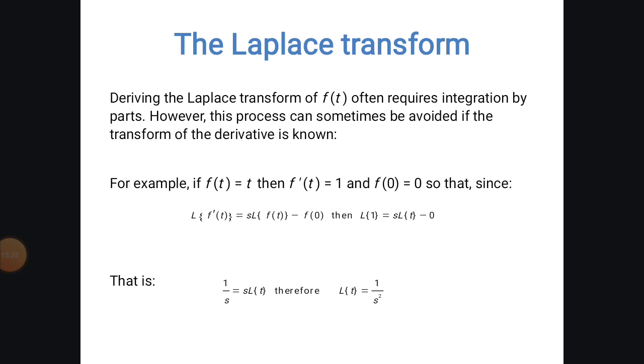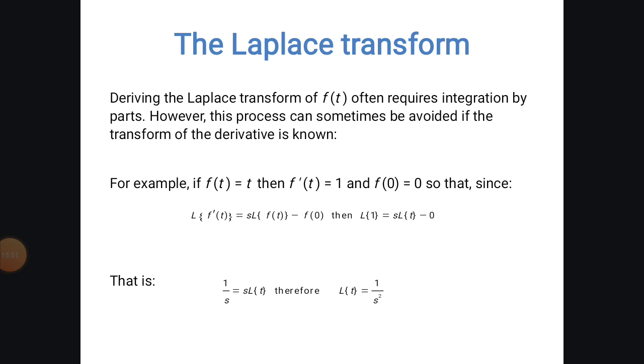Deriving the Laplace transforms of f(t) often requires integration by parts. However, this process can sometimes be avoided if the transform of the derivatives is known. For example, if f(t) is t, then f'(t) is 1 and f(0) is 0.